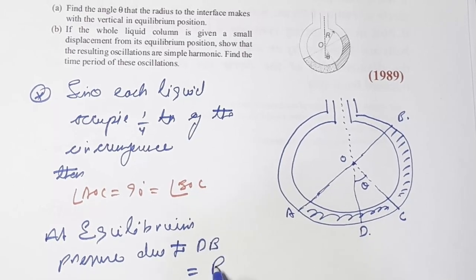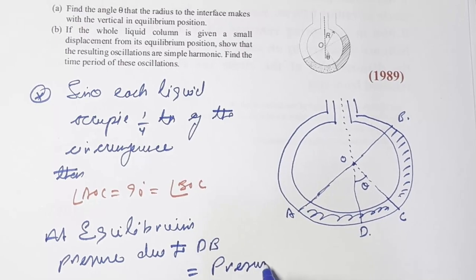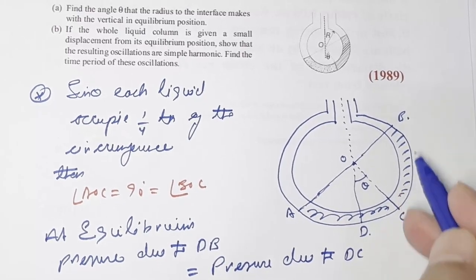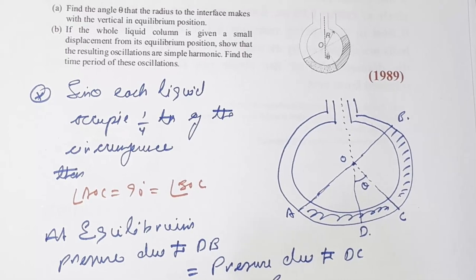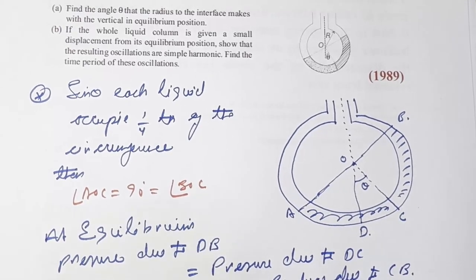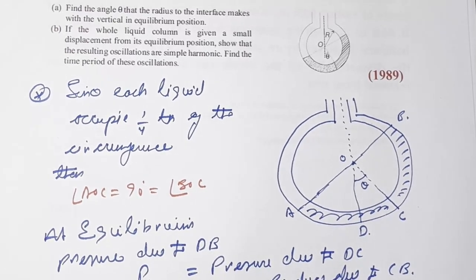will be equal to pressure due to DC plus pressure due to CB. Let's call this P2.